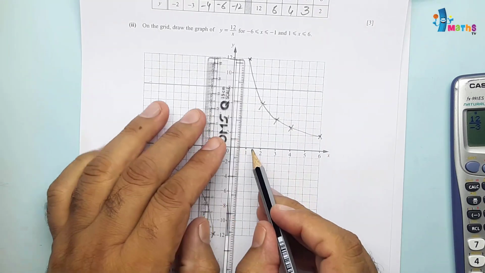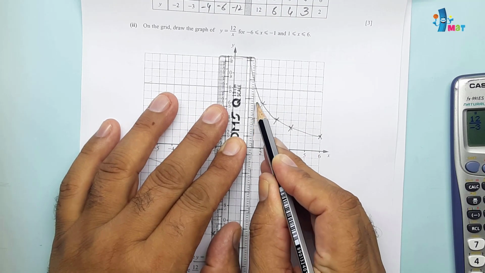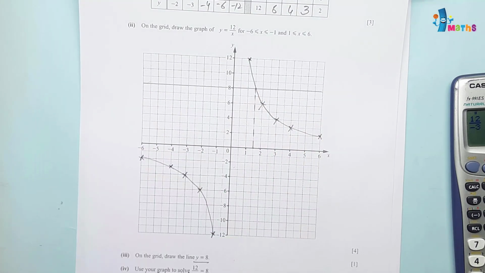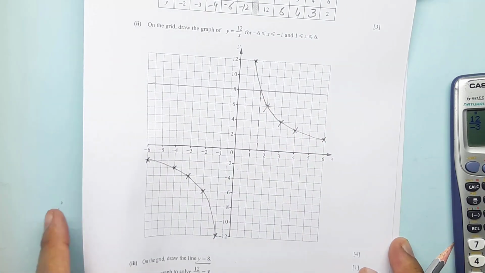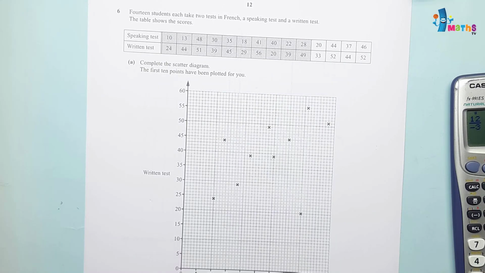So we can check even this with a dotted line. We can mark over here. We can show this is 1.5, so I'll be writing here 1.5 as the answer.